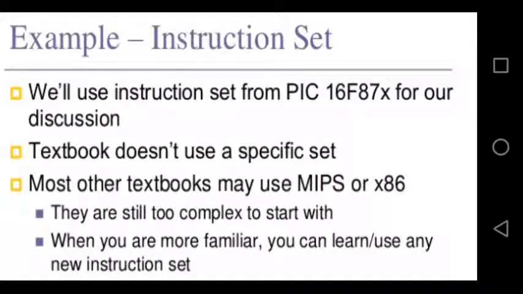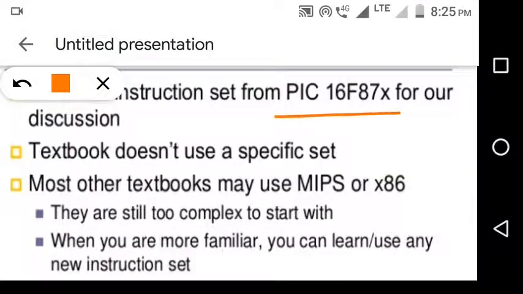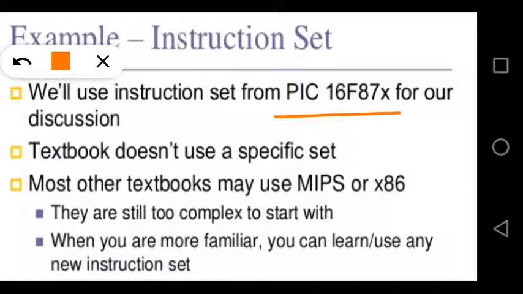Next we see an example of an instruction set. We will use the instruction set of a processor called PIC16F87 for our discussion. Some other textbooks refer to MIPS or x86, but they are still too complex to start with.